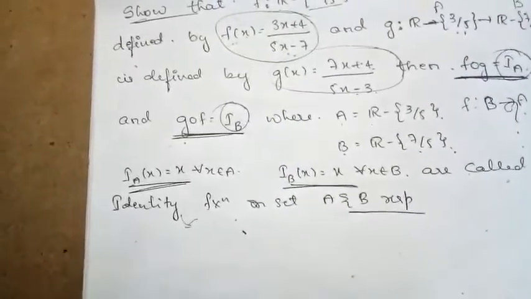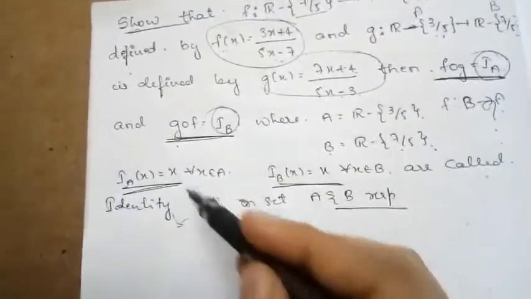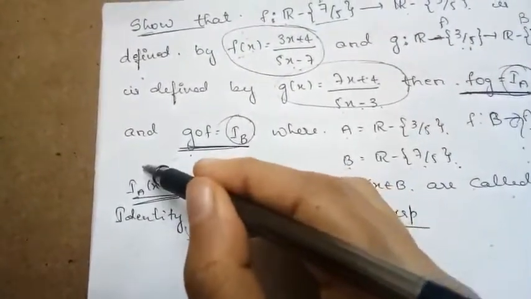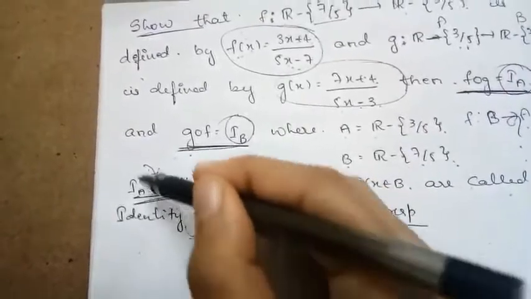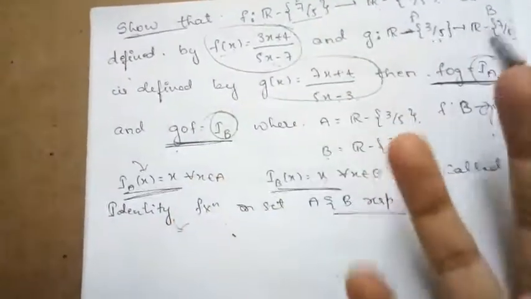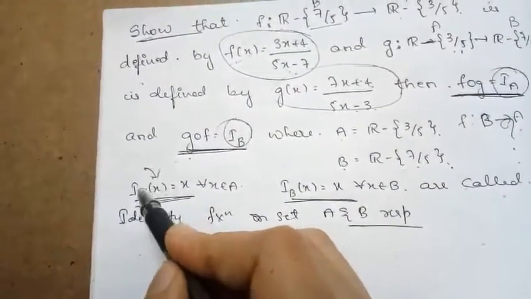So what does identity function mean? We can say it is identical. Identical means same. In simple words, whatever you input to the function, you are going to get the same output. The set from which you are inputting is represented here.